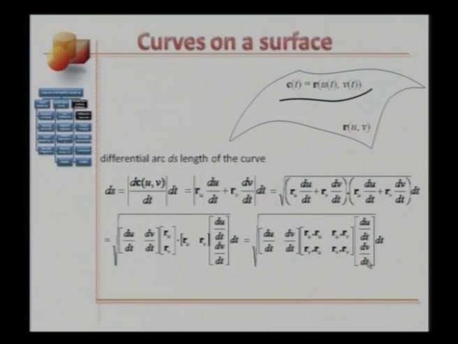And then we have this column matrix du over dt, dv over dt.